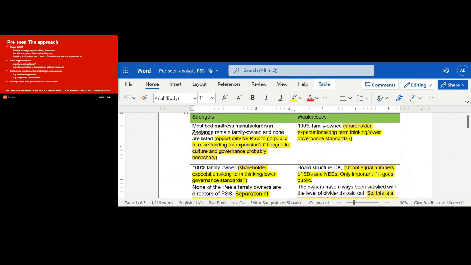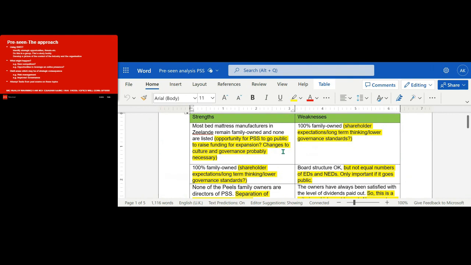Well, because if they do decide to go public, all right, if they do decide they need more money, for example, for expansion or whatever it is, then one of their options is to go public, okay? And I've also said, however, if they do decide to do that, then they'll need to change their governance, they'll need to change their culture a little bit because it's family-owned. All right, public companies need to have tighter governance issues.